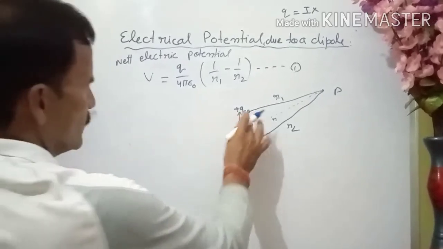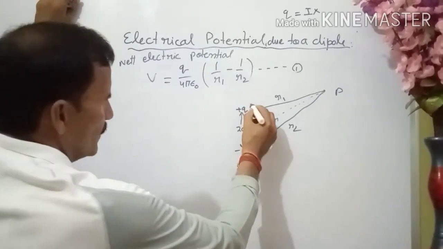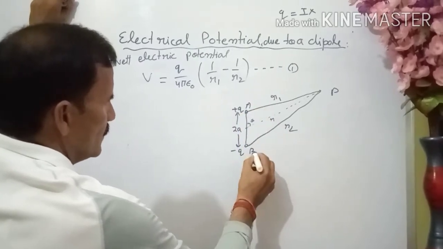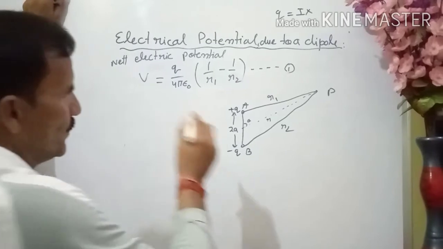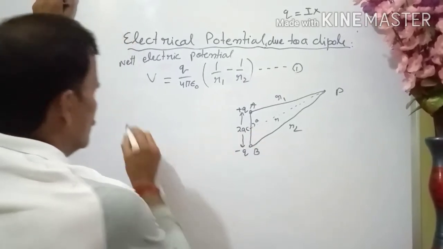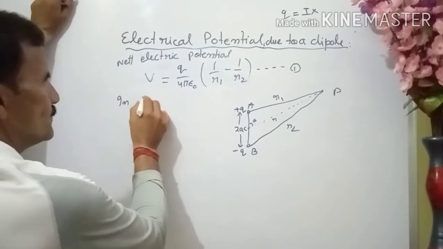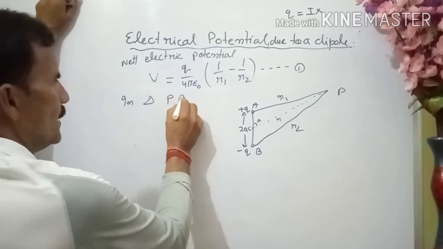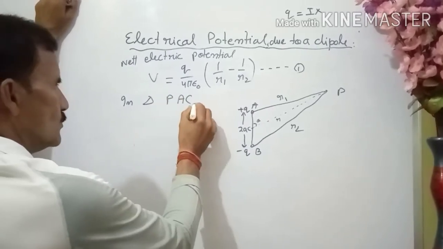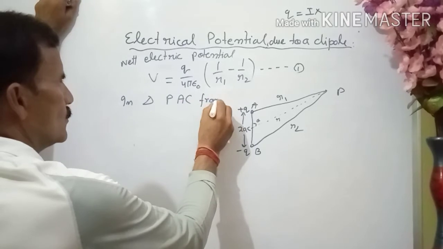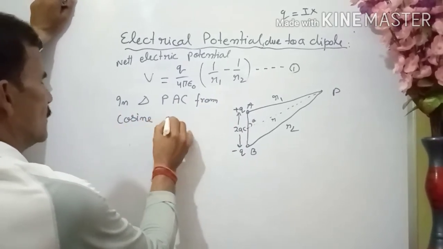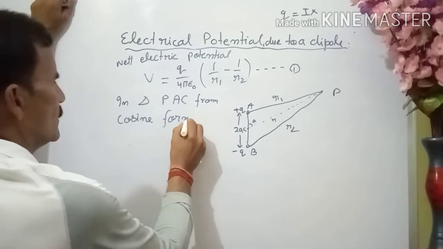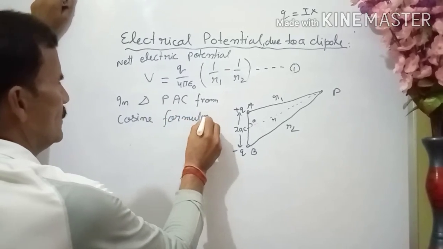Suppose this angle is theta, and we name the points A, B and C. So in triangle PAC, use the cosine formula.